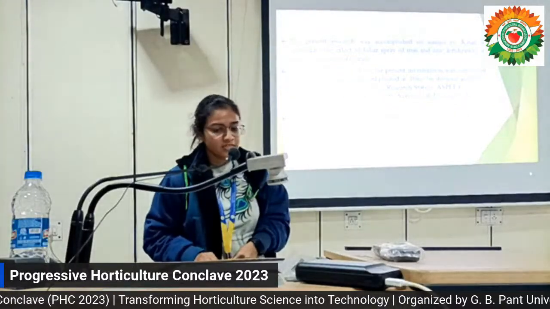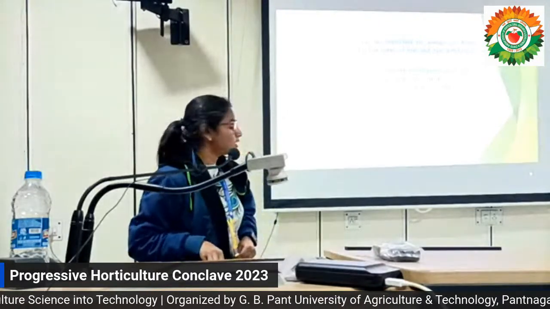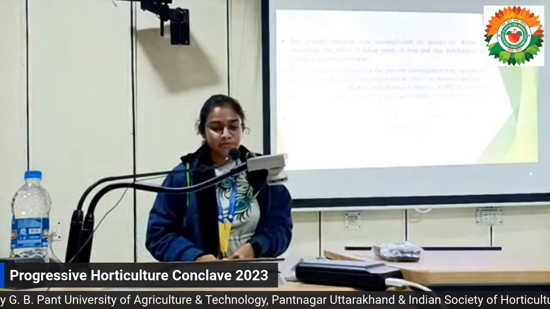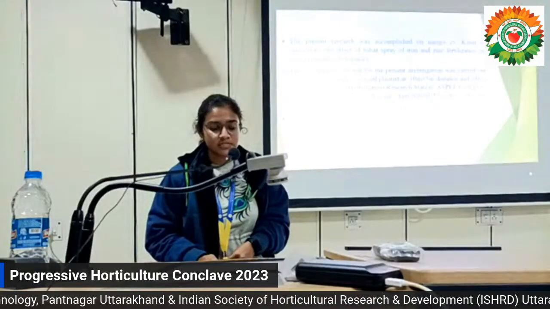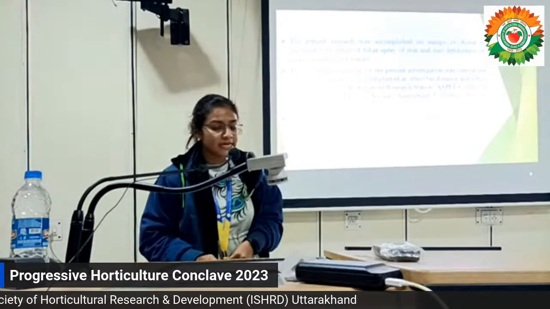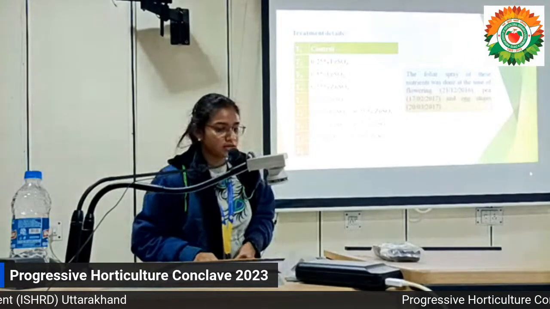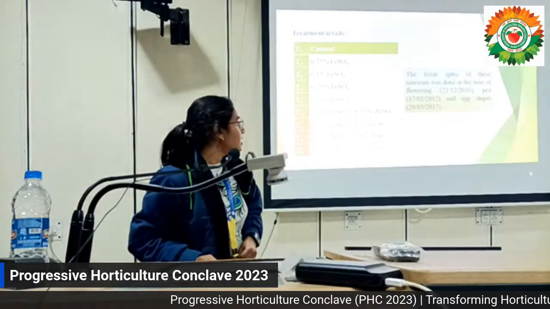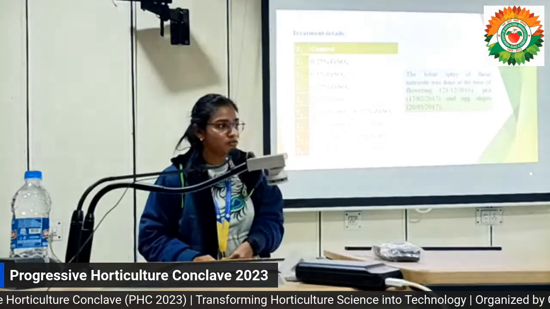This experiment was conducted on a 20 year old mango orchard at a spacing of 10 by 5 meters at SP College of Horticulture and Forestry, NAU Navsari, in CRD design with 9 treatments and 3 replications. These are the treatments: foliar spray applied at the flowering and pea stage of mango.